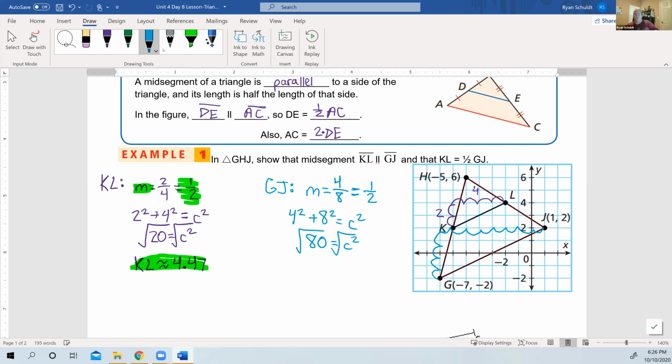If I take the square root, I will get GJ is approximately equal to 8.94.